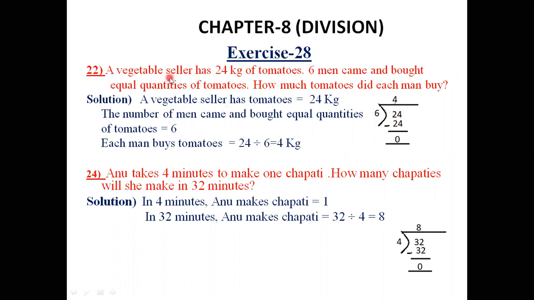The vegetable seller has tomatoes is equal to 24 kg, and the number of men is equal to 6. To divide the 24 kg among the 6 men, we shall divide 24 by 6. 6 4s are 24. Now each man buys tomatoes is equal to 4 kg.